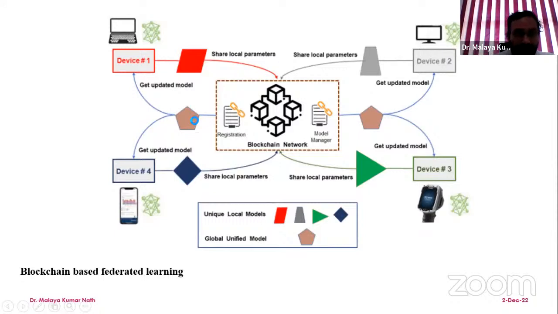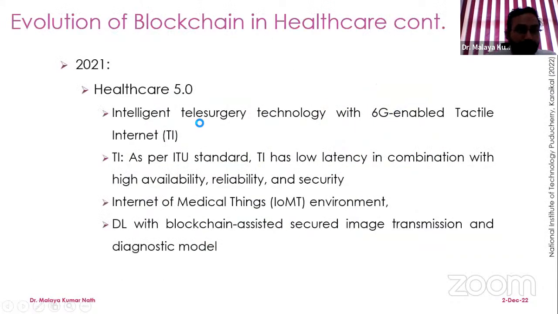In case of federated learning, the training or analysis of the data is present at the server or the edge server without sharing this data. In 2021, Healthcare 5.0 is coming into the picture, which uses intelligent telesurgery technology with 6G enabled tactile internet.